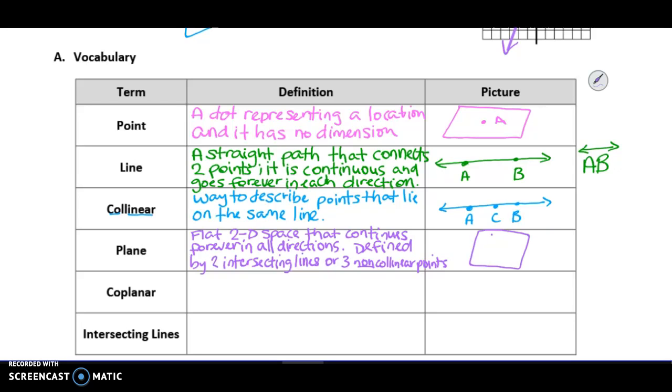So with one option, maybe we have 2 intersecting lines, therefore these lines are lying on the same plane.